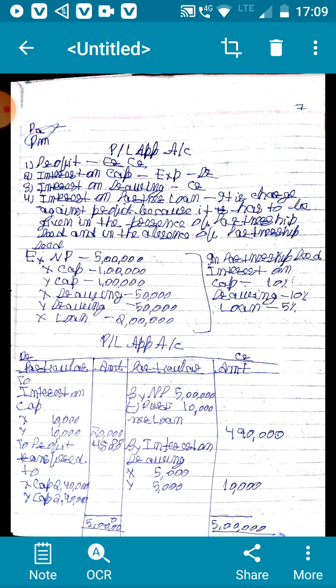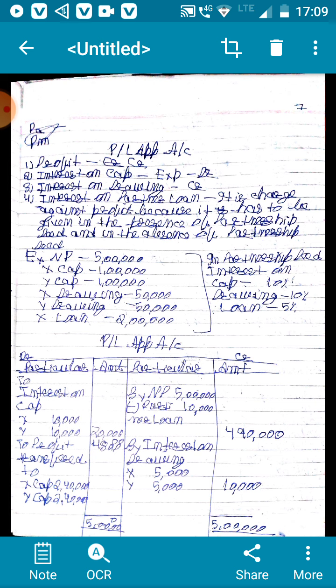Then 4 lakh 90,000 plus 10,000 is equal to 5 lakh, and we subtract the interest on capital from the 5 lakh. Therefore, the amount which is left, that is 4 lakh 80,000, we distribute this amount to the partners as profit.